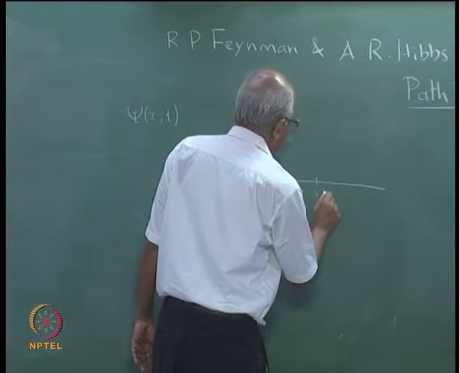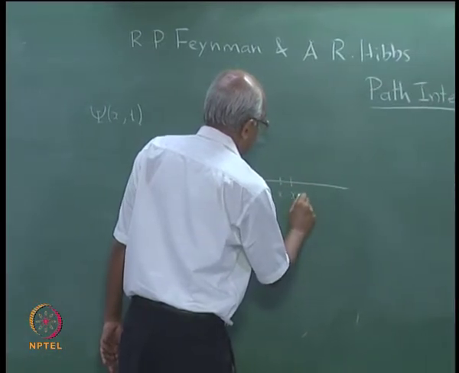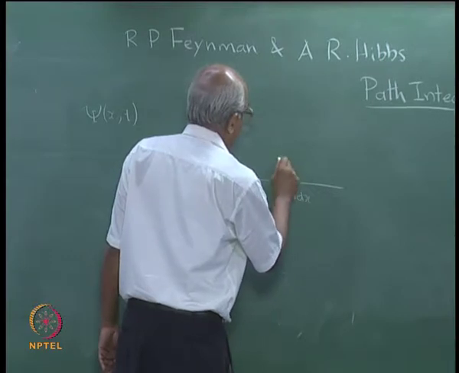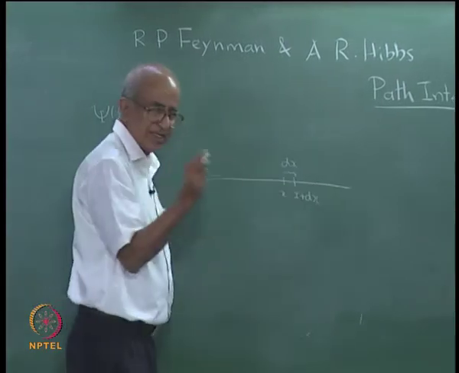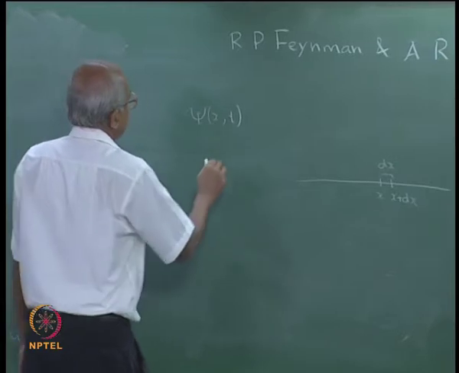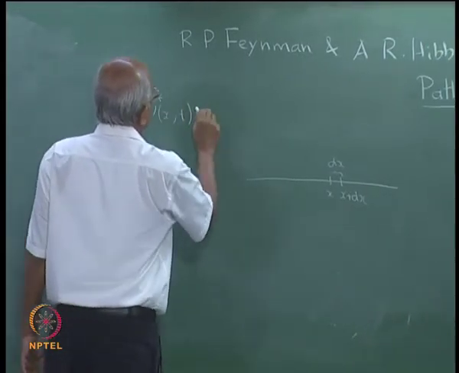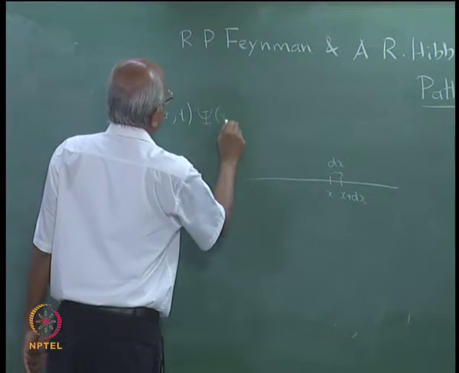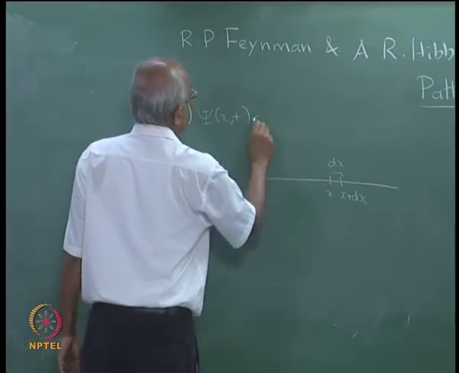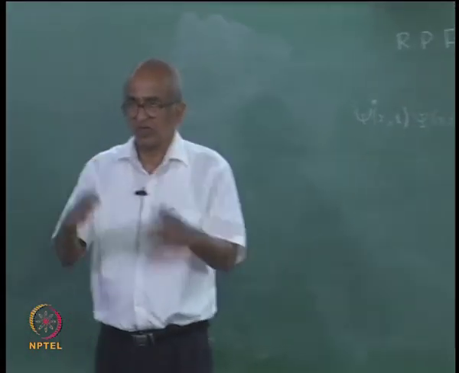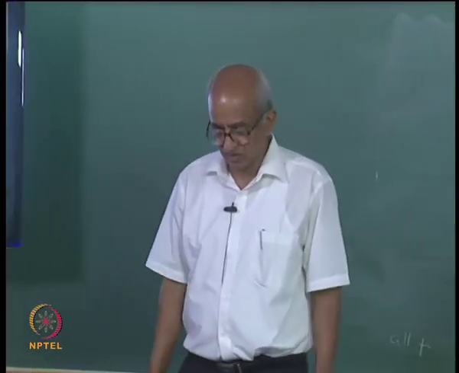This is the point x, that is the point we are having position coordinate x plus dx, I am thinking of the probability that the particle is in this interval dx, and that may be obtained as psi star x psi x t into dx. This is the probability. Okay, that is what we have postulated now.